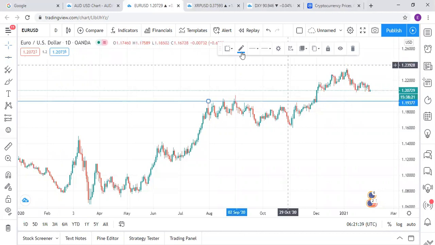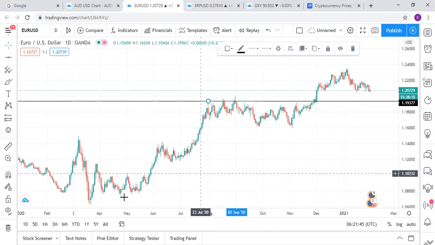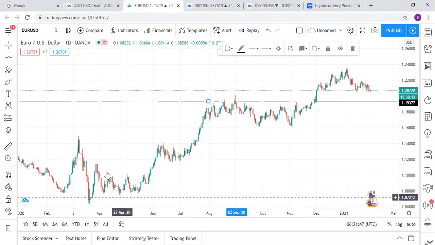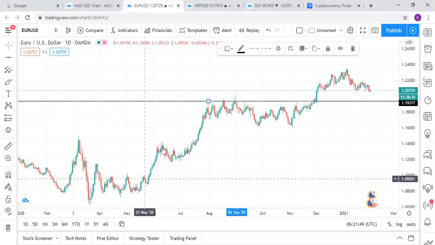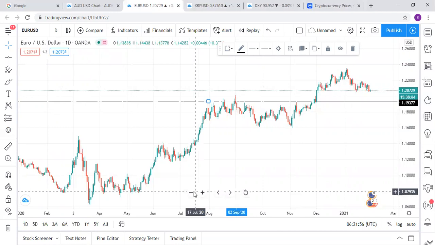We see that this is an uptrend. The uptrend started from somewhere like this. Somewhere here is where we have break of structure. Look at it. Let me minimize it so we can see.